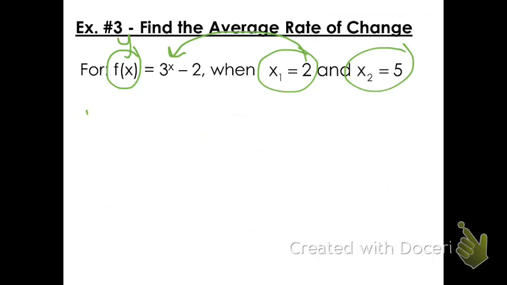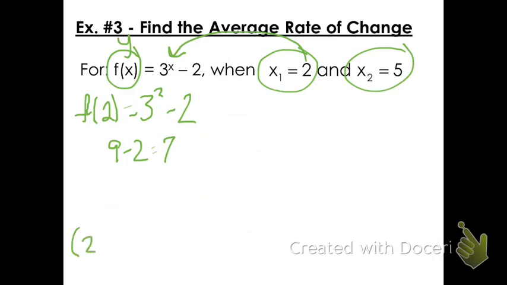So I'm going to do f of 2 is equal to 3 squared minus 2. We know 3 squared gives you 9. 9 minus 2 is equal to 7. So my first point would be (2, 7).